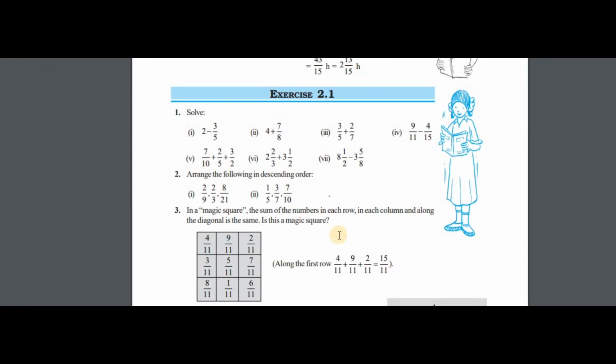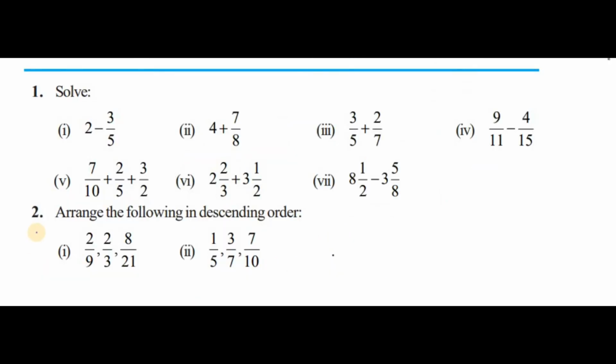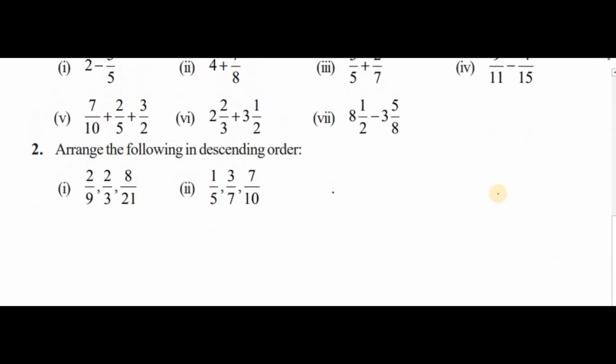Okay students, so coming to our class, he gave exercise 2.1, solve the questions. Okay, so we'll try to solve the first one now, and let me copy the question first. 2 minus 3 by 5.